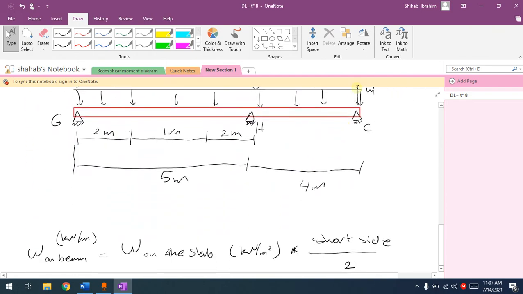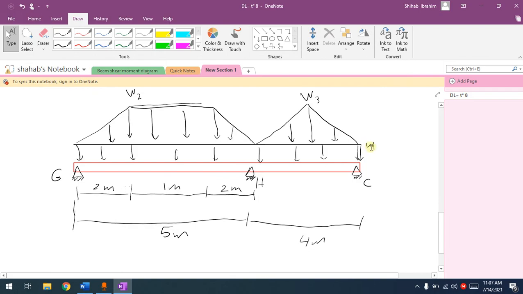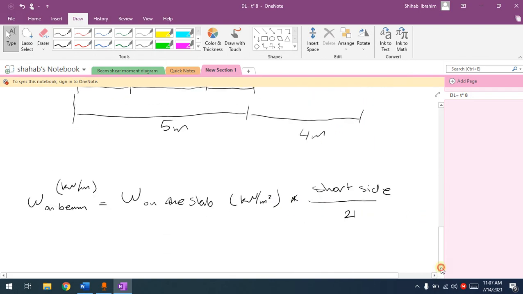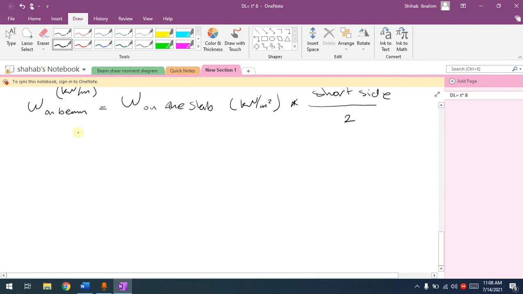So if I want to calculate W1, which comes from the corridor, I'm using this equation here. So W1 is equal to 6.6, this is W on the slab of corridor in kilonewton per meter square, multiplied by the short side of the corridor, 2, divided by 2, so it became 6.6 kilonewton per meter. This 6.6 kilonewton per meter is W1.